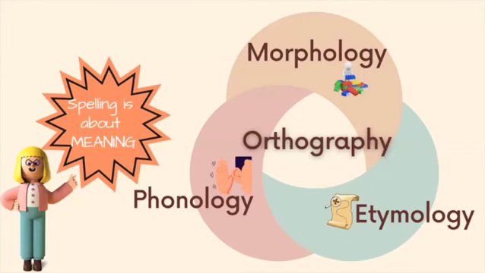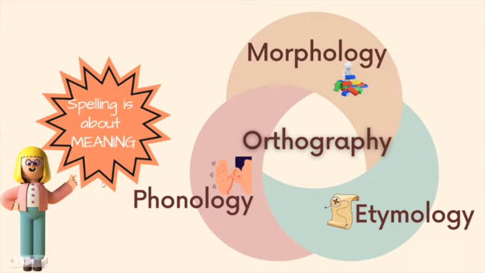We're starting off again today with a little reminder that English spelling is all about meaning, and all of the parts of orthography work together to help us understand the meaning of the word. So, morphology, which is the parts of words and how they work together, phonology, which is the phones or phonemes that we hear from the different letter combinations, the graphemes inside the words.